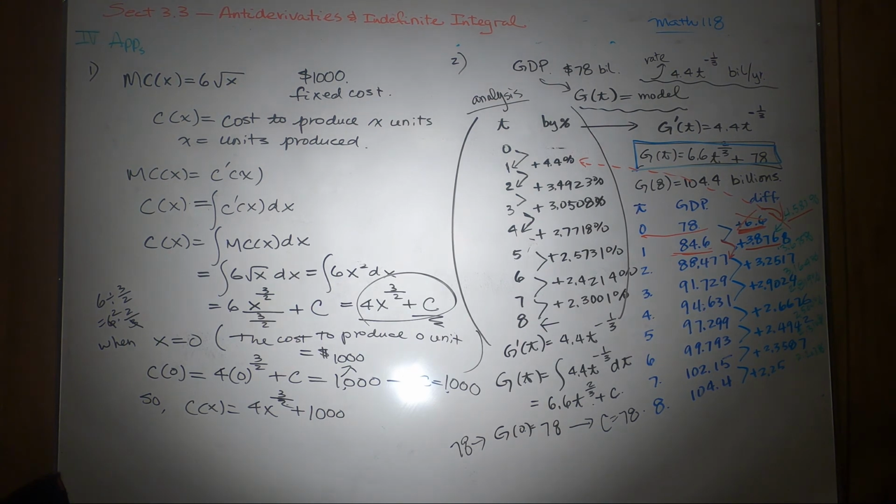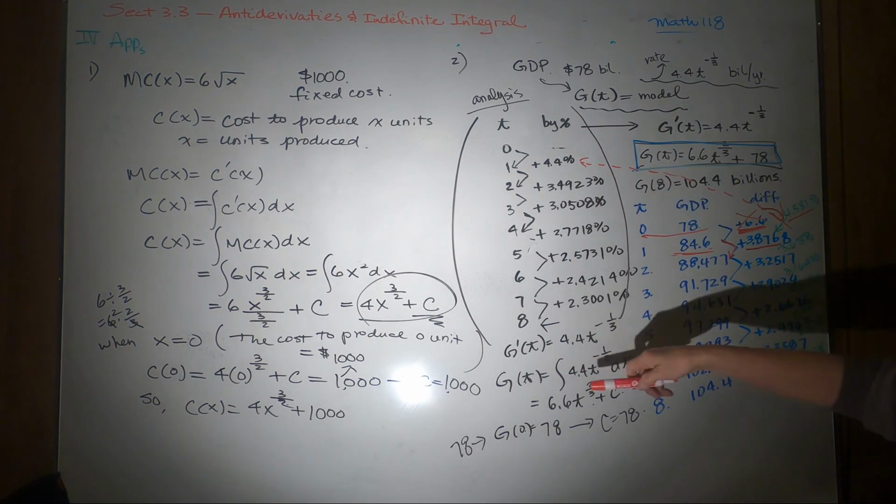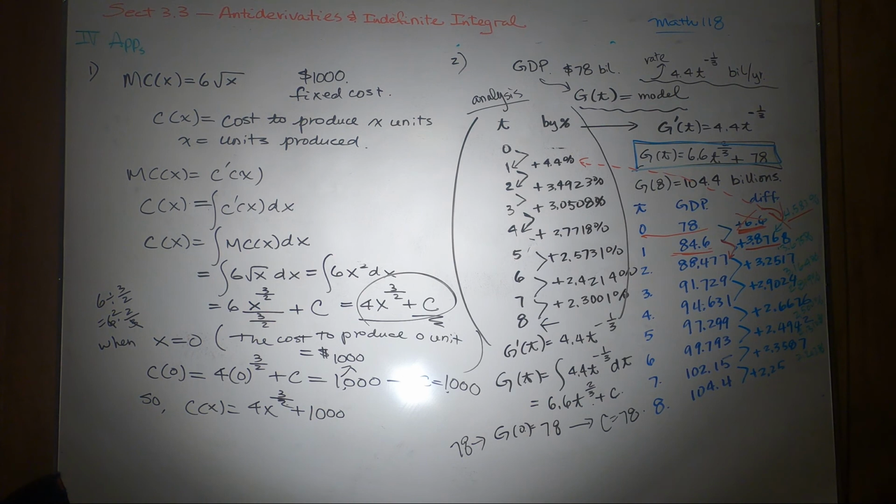How the GDP is calculated and how they actually see it, all right? But mathematically, if the model is given this way, that's the function we will get from the G prime, the rate of change, okay?